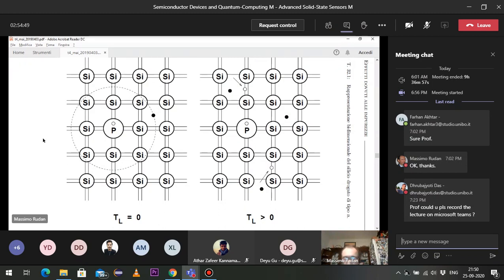enormous advantage. Pure silicon, you remember the Arrhenius plot, has a dependence of the concentration on temperature that is exponential. That means that also conductivity depends exponentially on temperature. So even a small change in temperature will change the performance of a device made of pure silicon enormously.